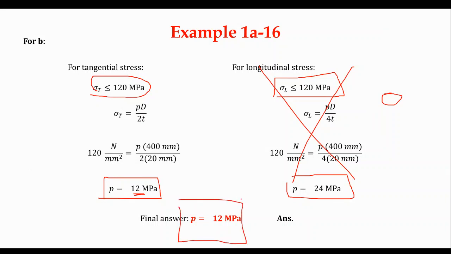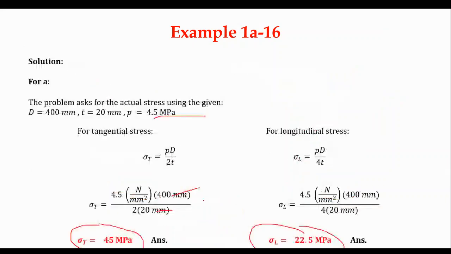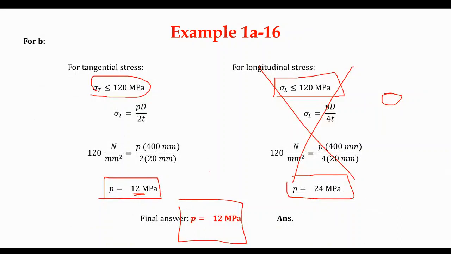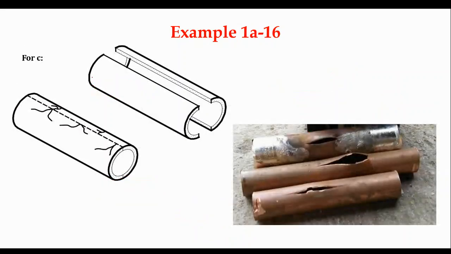Okay. So, the next question, if the internal pressure were increased until the vessel burst, sketch the failure. What should the failure look like when our pipe bursts? Take note, guys, your pipe is weak in the tangential direction. The tangential stress dictates how much pressure we can adopt. It is the weakest, so it happens first. Therefore, the failure of our material will look like this.